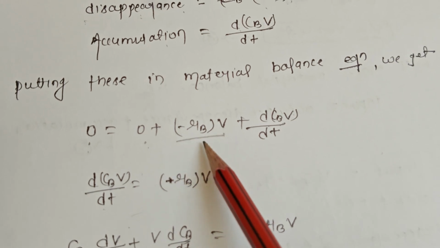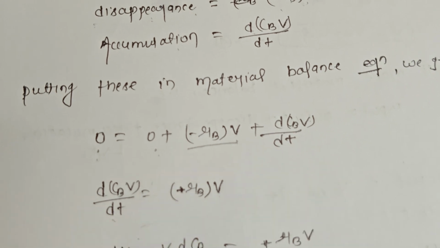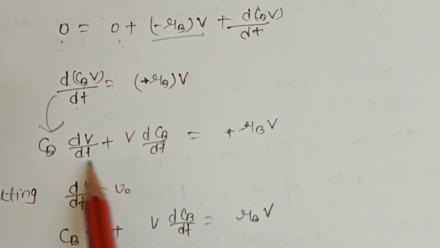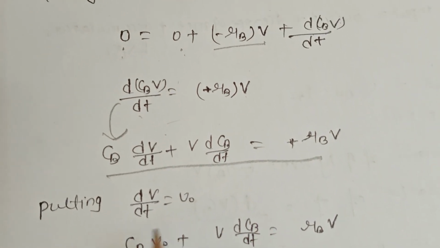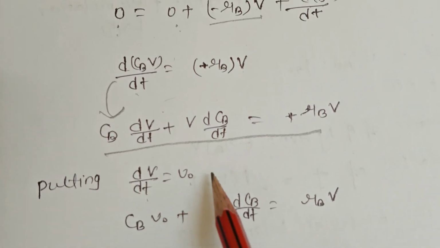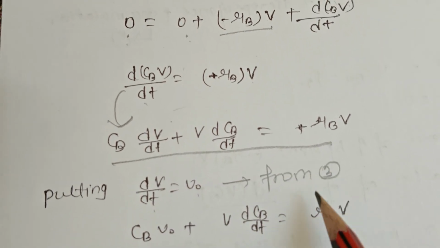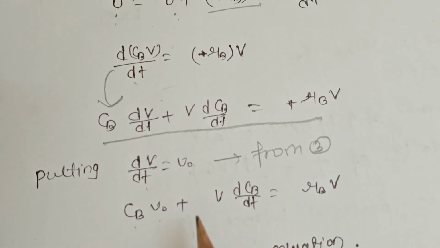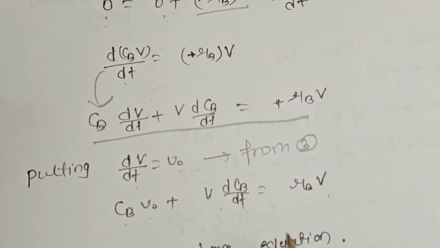After rearranging this, we get dCBV upon dt will be RB into V, and after differentiating by product rule, we get this term. And now putting the value dV by dt is equal to mu naught from equation 3 in the above equation, we get CB mu naught plus V dCB upon dt is equal to RBV.